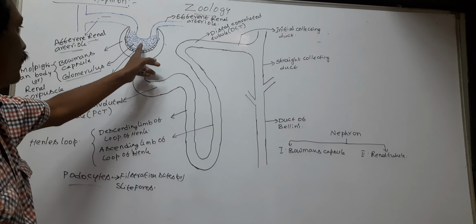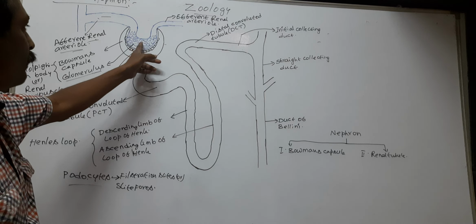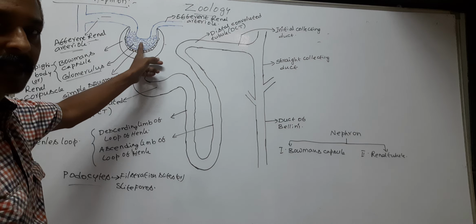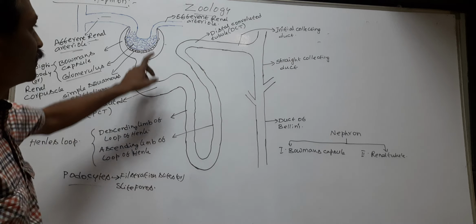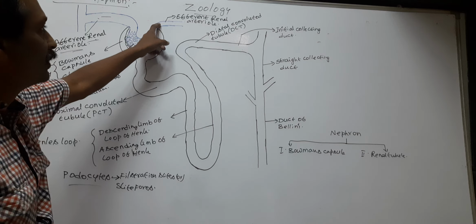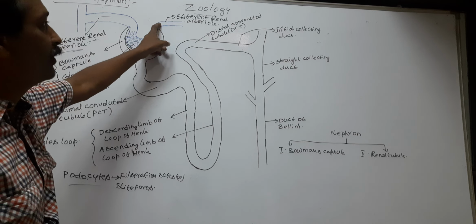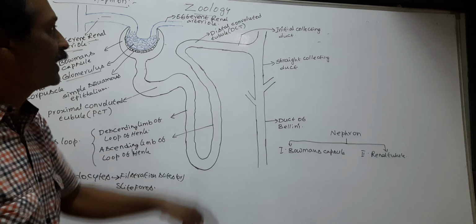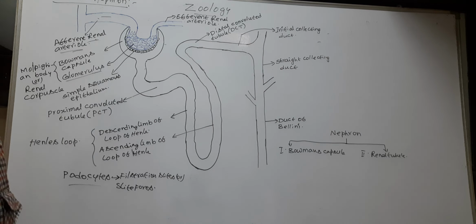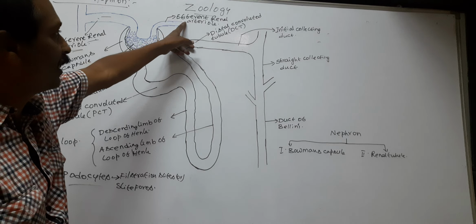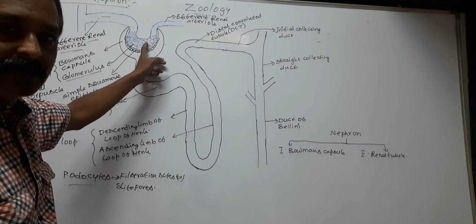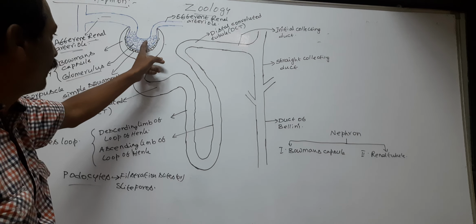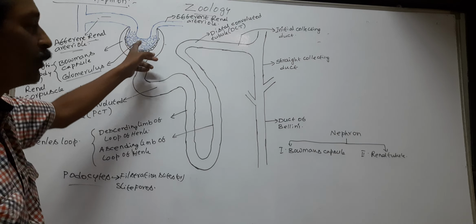Next, the blood capillaries of glomerulus join to form an arteriole called efferent renal arteriole. So the efferent renal arteriole is formed by the joining of blood capillaries of glomerulus.